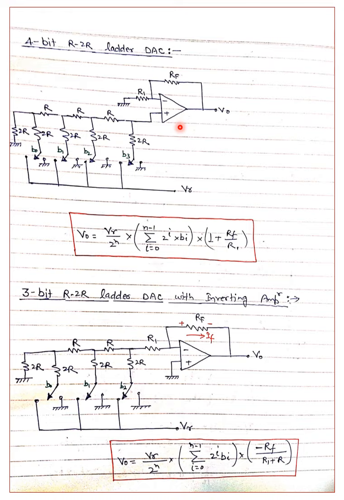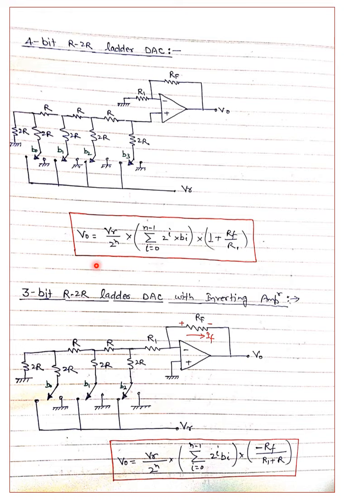We know the gain of a non-inverting amplifier is given by 1 plus Rf by R1, whereas the gain of an inverting amplifier is given by minus Rf by R1. So the final output is the product of the resolution, the decimal equivalent of the binary number, and the gain of the operational amplifier.